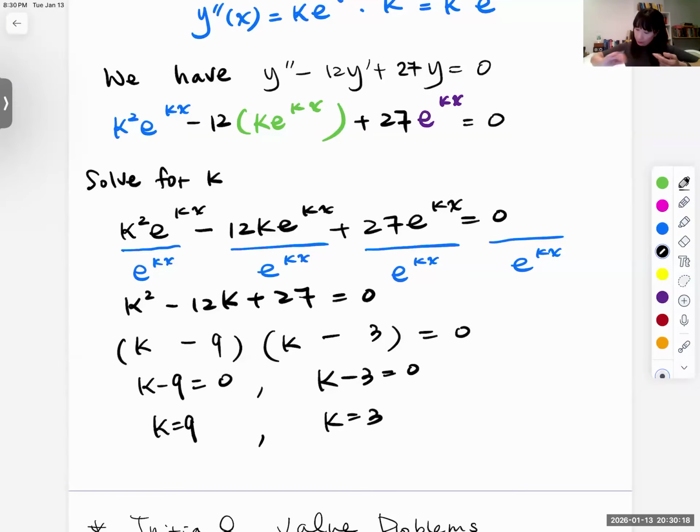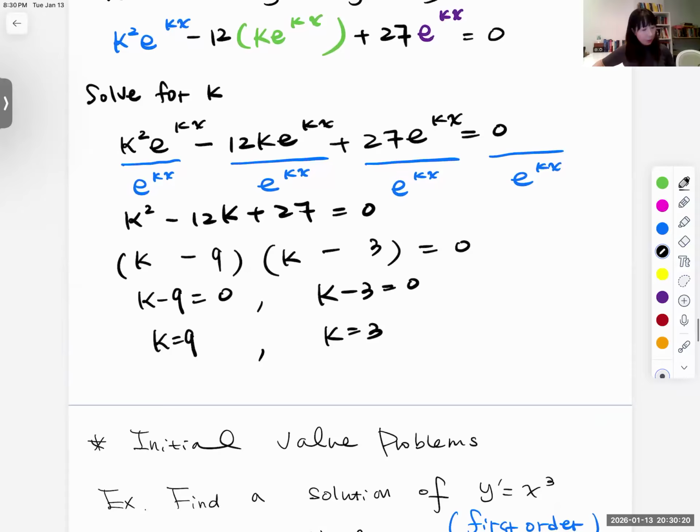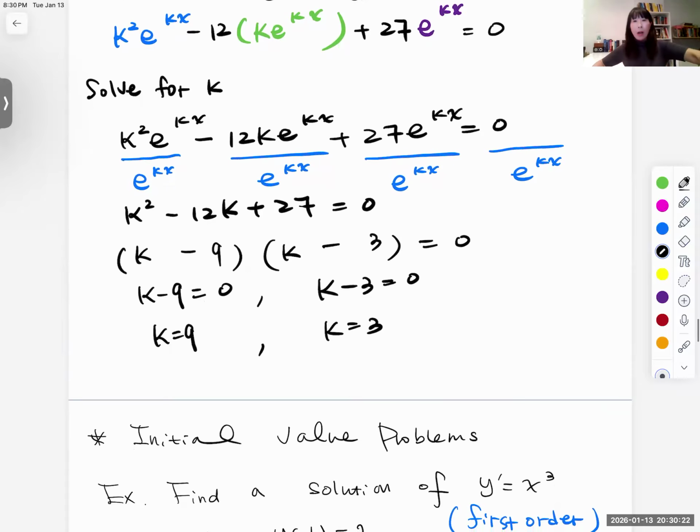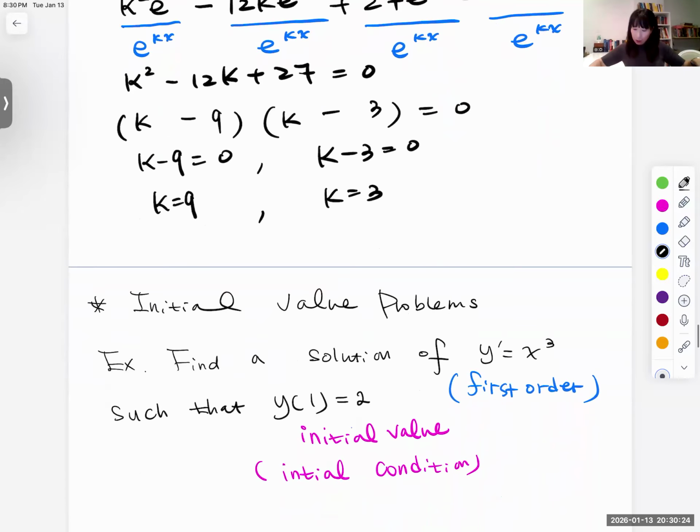Okay. Now, initial value problems. So we have this one, initial value problems. Okay, so find the solution. So far we had, is this a solution of that, right? So that was the warm up.